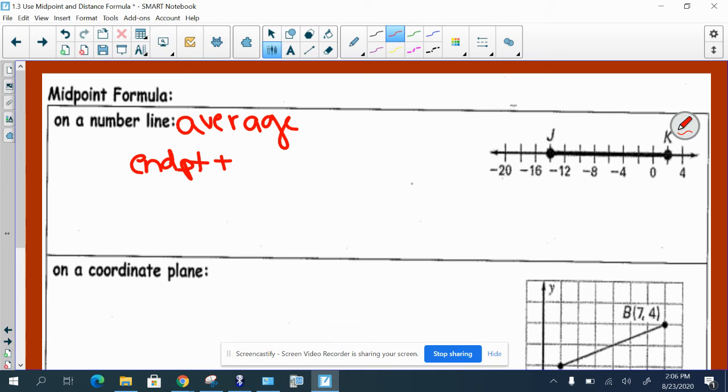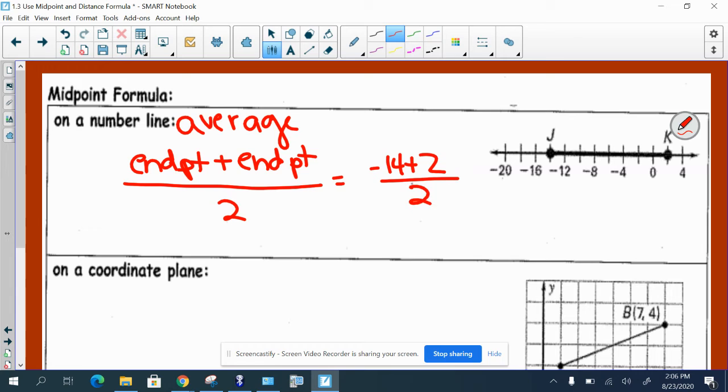So endpoint plus endpoint and then divided by 2. So here we would do negative 14 plus 2 over 2, negative 12 halves would give us negative 6. So negative 6 would be our midpoint.